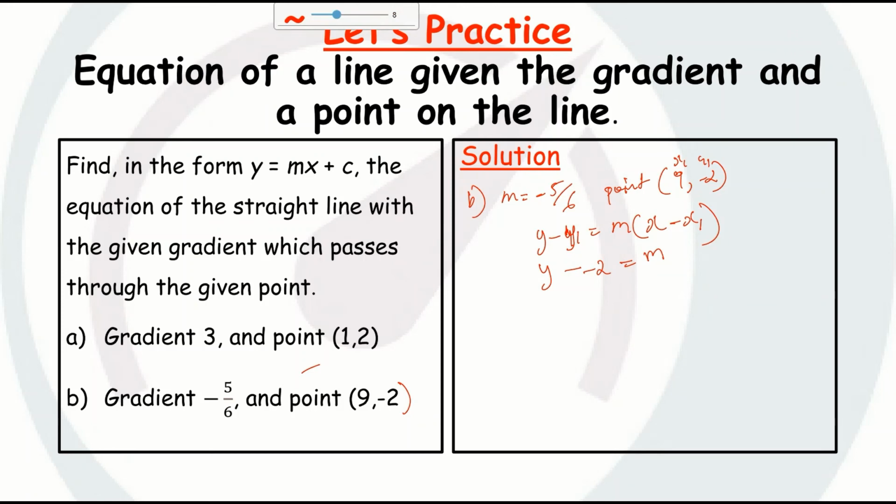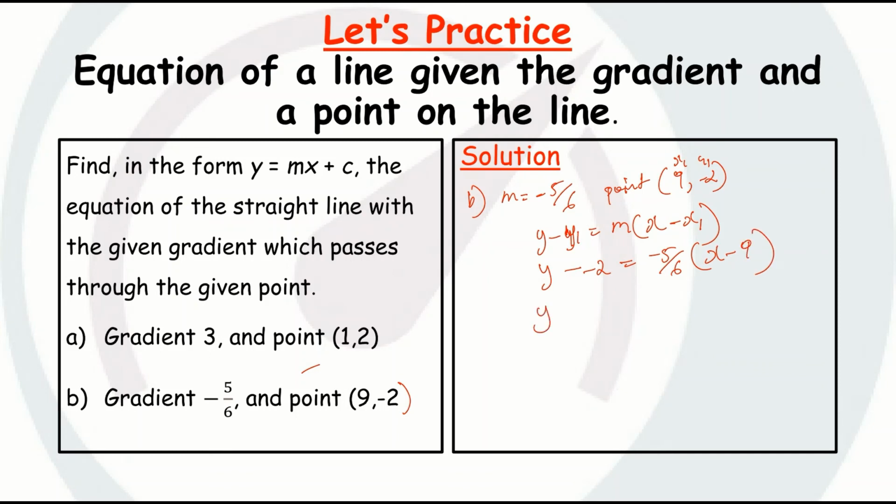So m is negative 5 over 6, open bracket, x minus x1, which is 9. Now let's go ahead.